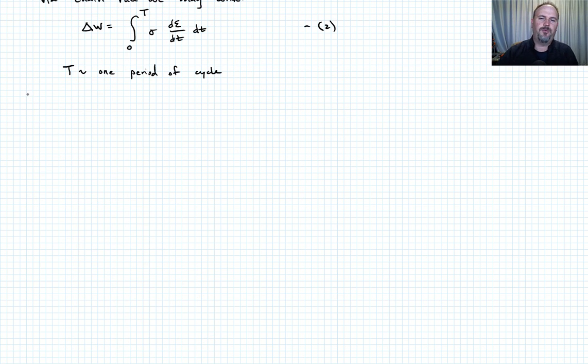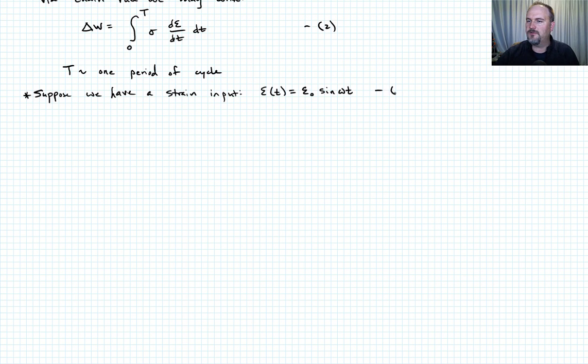Okay, so now let's suppose that we have some sort of an oscillatory strain input. So suppose we have a strain input, and that strain input is going to be given by epsilon of t is equal to epsilon naught times the sine of omega t. Okay? We'll call that equation 3.